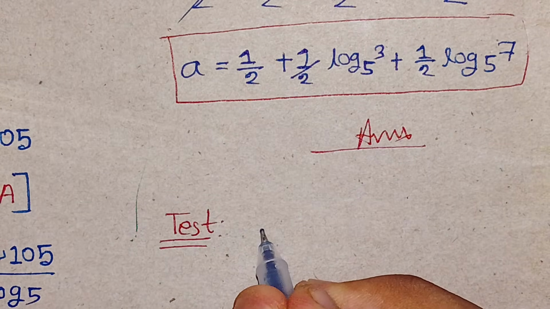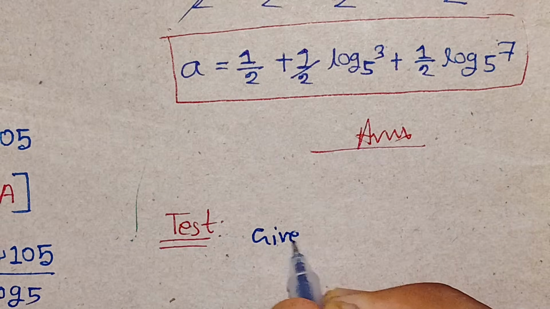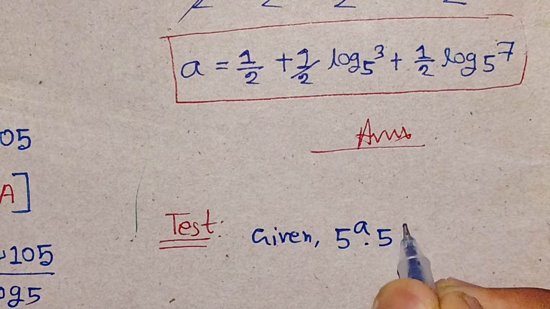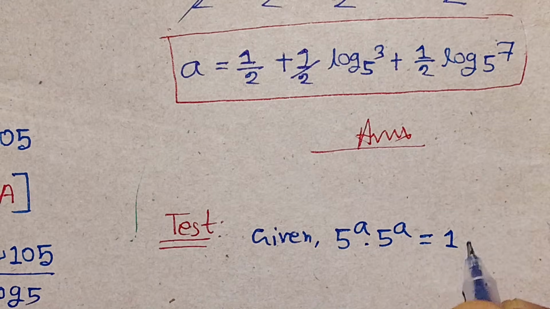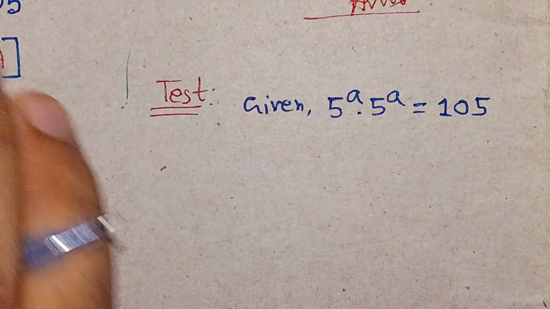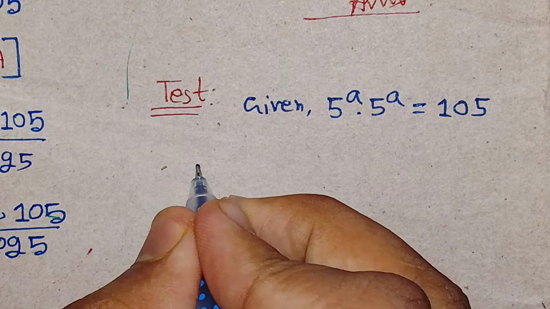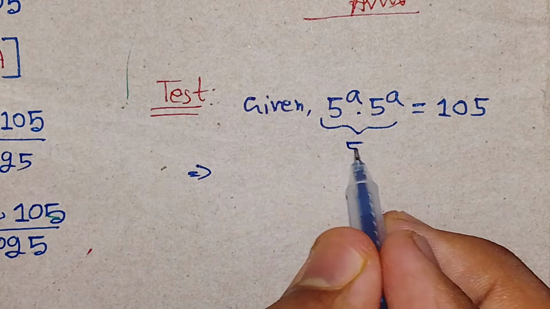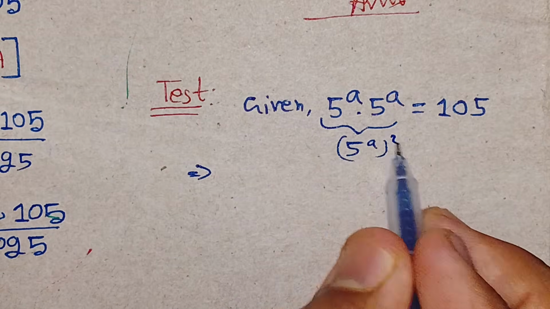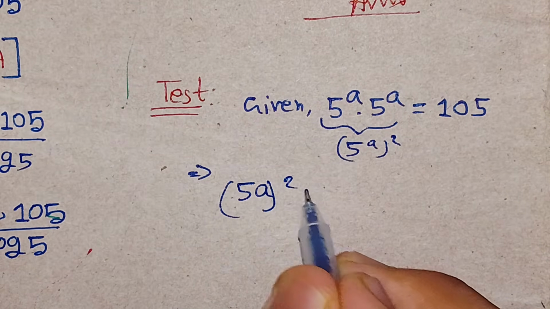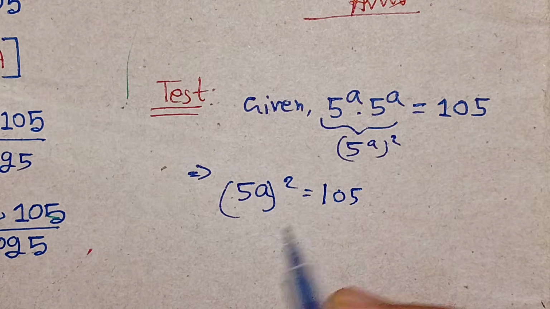The given equation from the question is 5 to the power a times 5 to the power a equal to 105. From this given equation we can write this as (5 to the power a) whole square. So (5 to the power a) whole square is equal to 105.